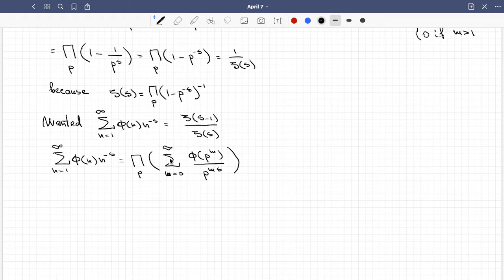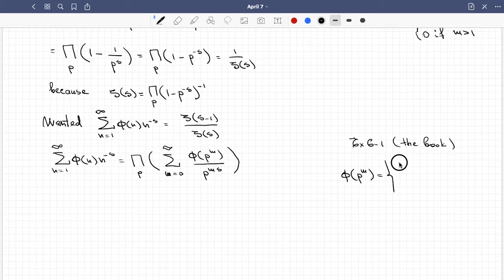For that, we will use an explicit formula for these values of function phi. This is example 6-1 in the book, where phi is calculated. In fact, we did this calculation in class.